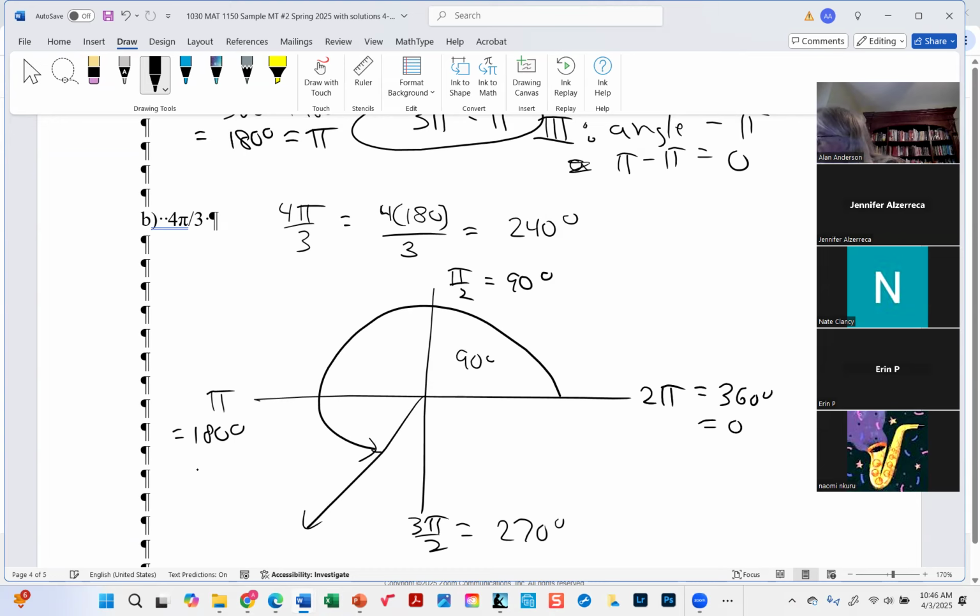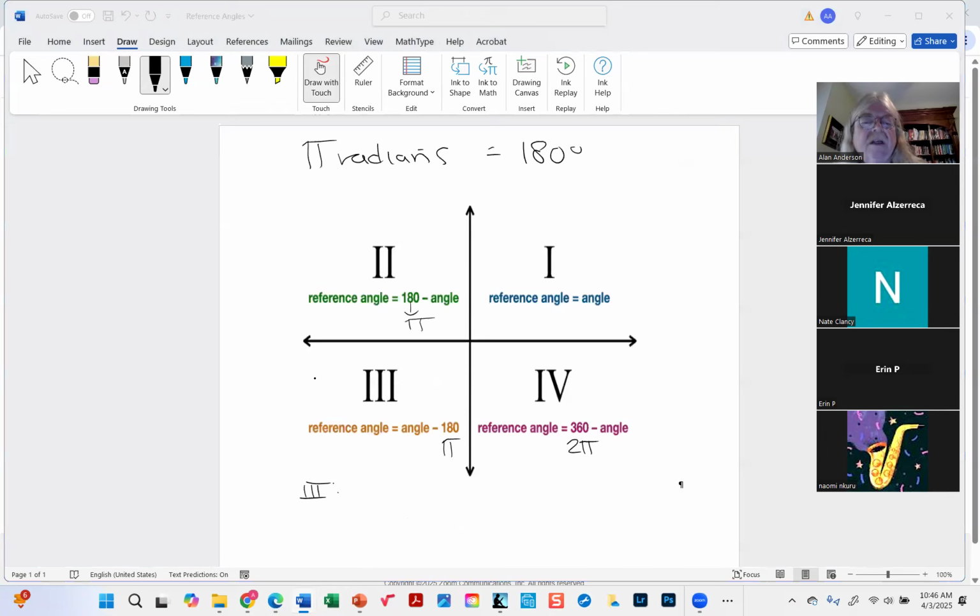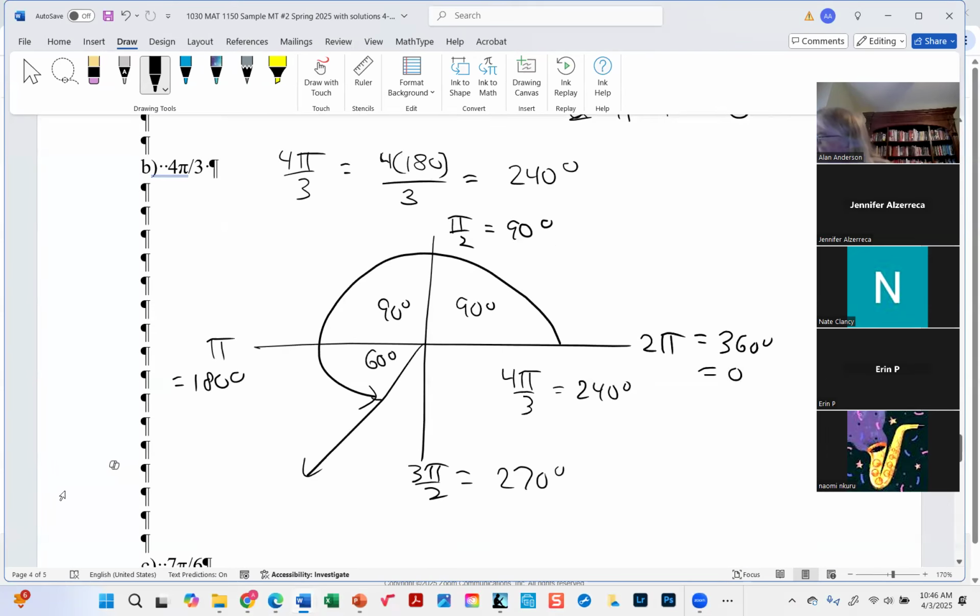So in other words, 4/3 pi is the same thing as 240 degrees. Now that puts us in the third quadrant, and using radians, the formula here is angle minus pi. Now, here's what you might want to think about doing though.